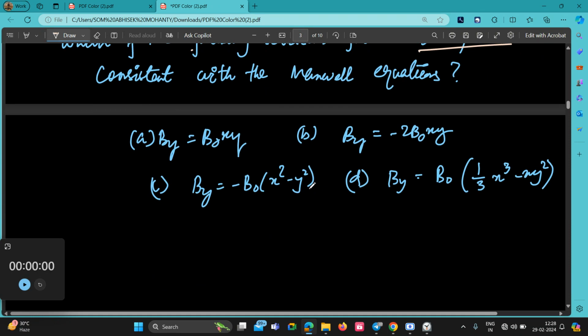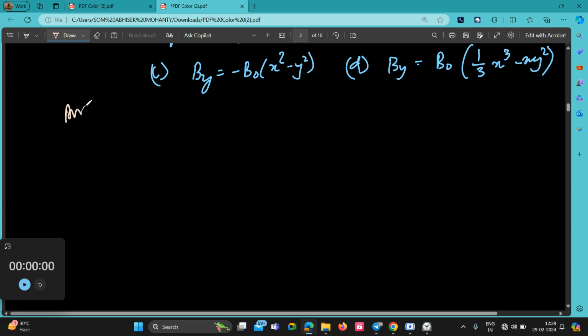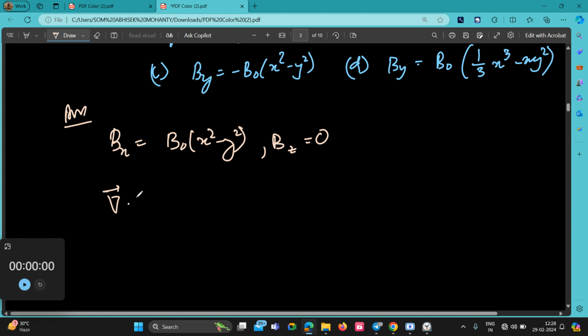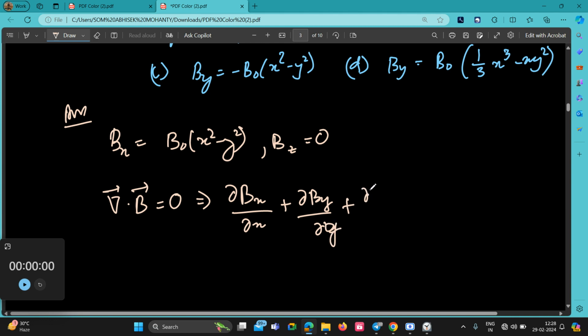So Bx is equal to B naught (x square minus y square), and Bz is equal to 0. We know del dot B is 0, so del Bx by del x plus del By by del y plus del Bz by del z is equal to 0.